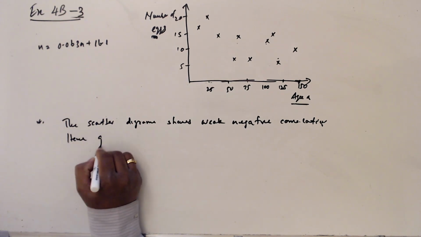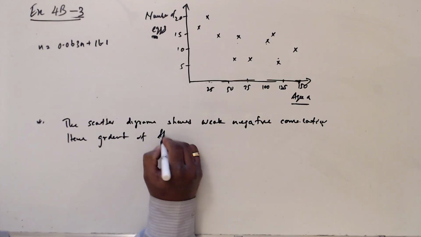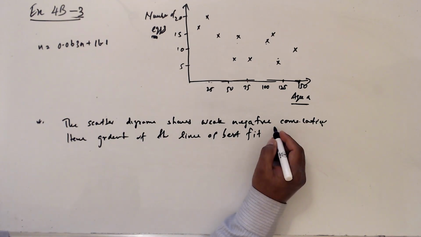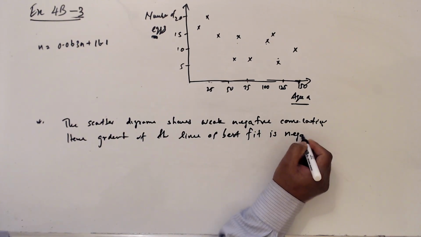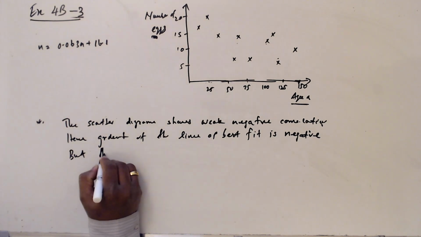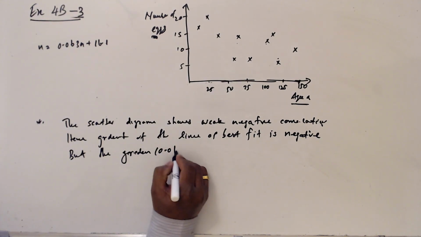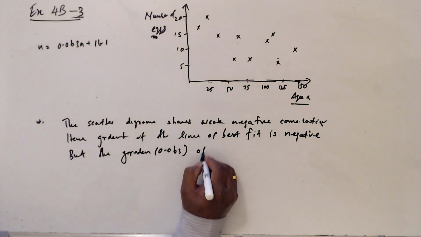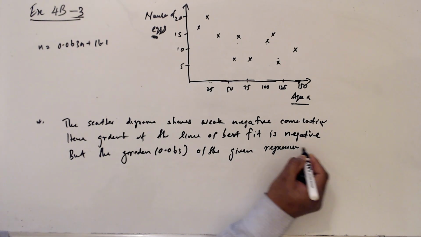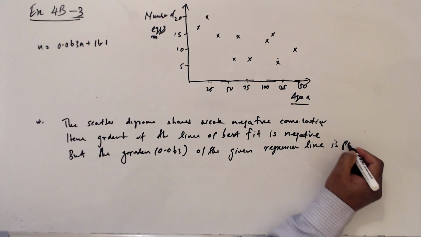Hence, the gradient of the line of best fit is negative, but the gradient 0.063 of the given regression line is positive.